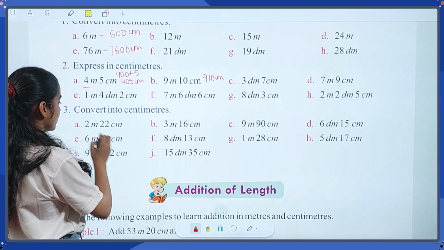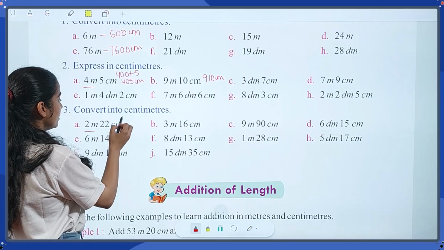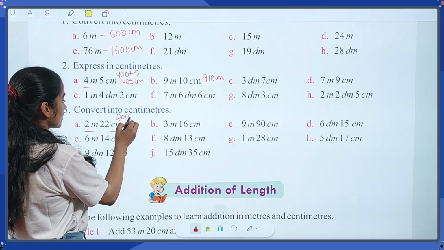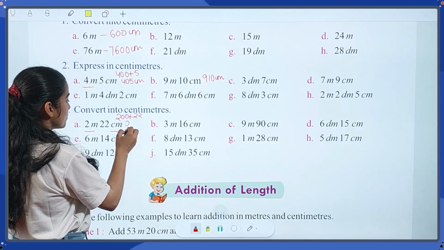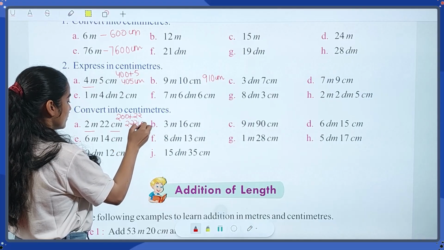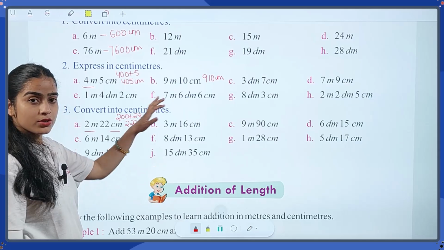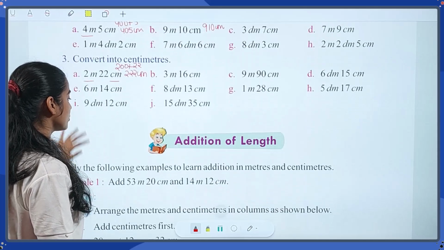Convert into centimeters, meter and centimeter: again 200 plus 22, which is 222 centimeters. You have to do the same for the rest of the questions. Try to do it yourself.